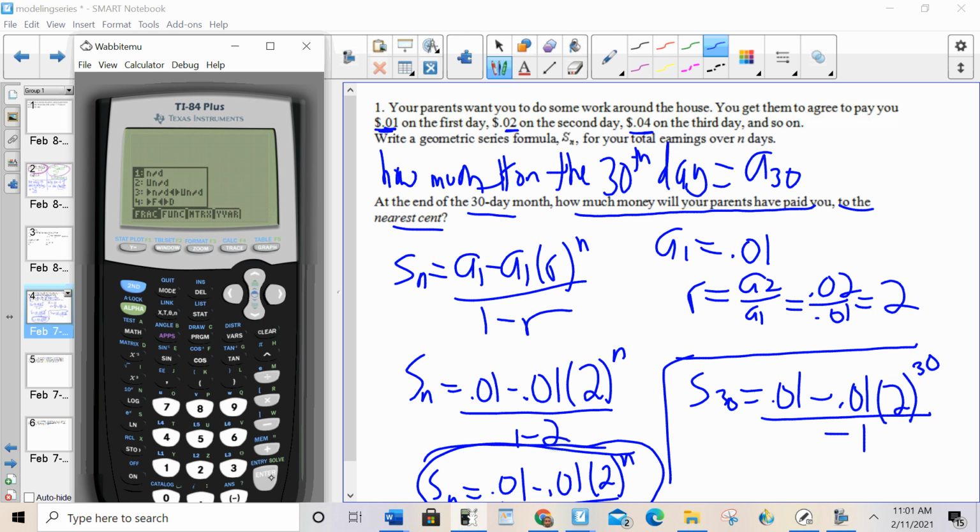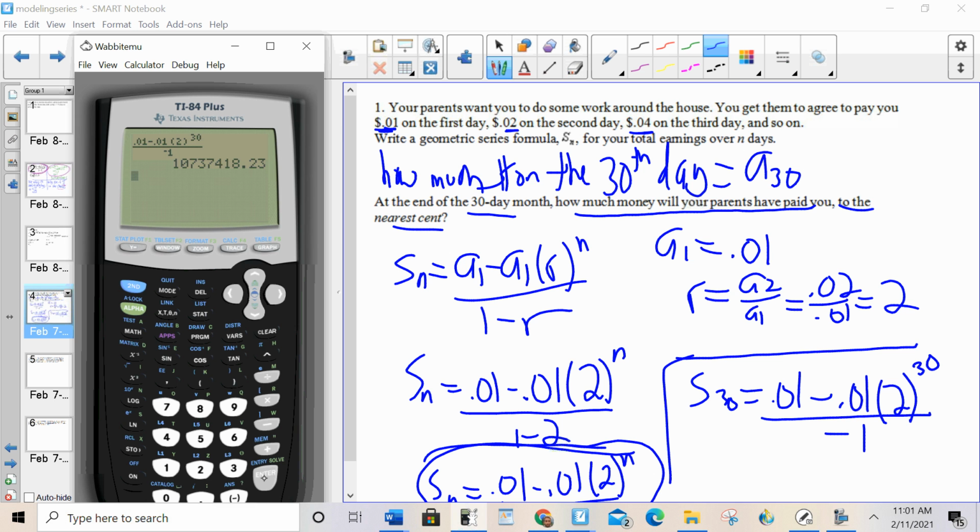Alpha y equals, enter, 0.01 minus 0.01 times 2 to the power of 30 over -1.